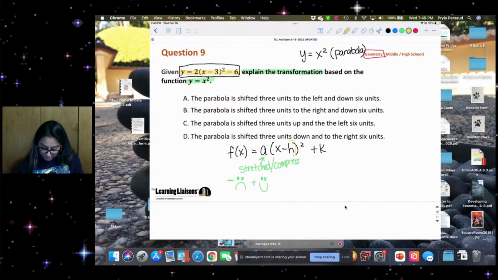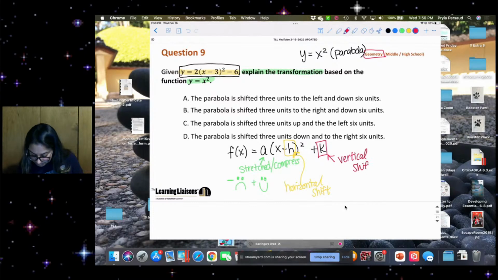My H is telling me my horizontal shift, and my K is telling me my vertical shift. Okay, well, now that I know what all my numbers are telling me, I can look at my answer choices and figure out what's going on.